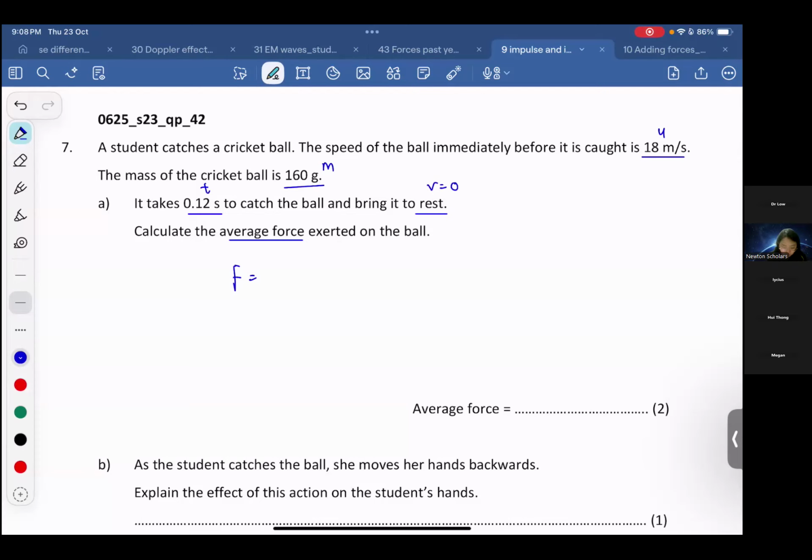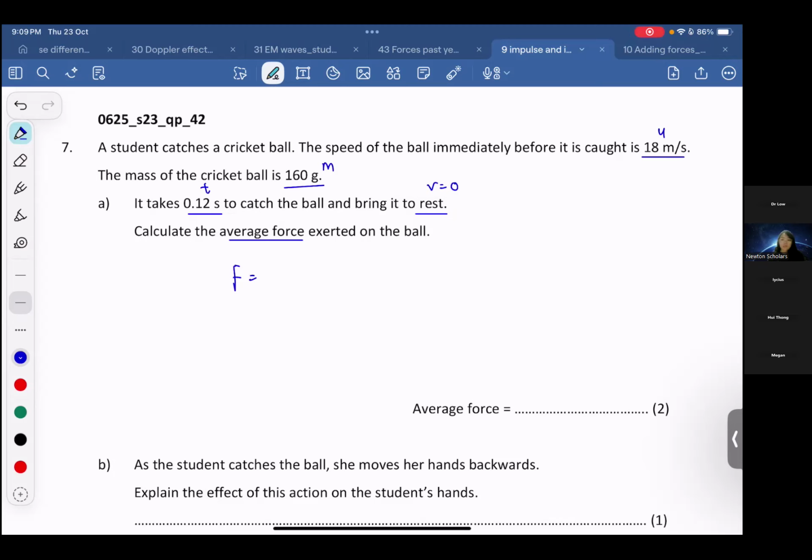Tell me. Any of you get the answer? Yes.